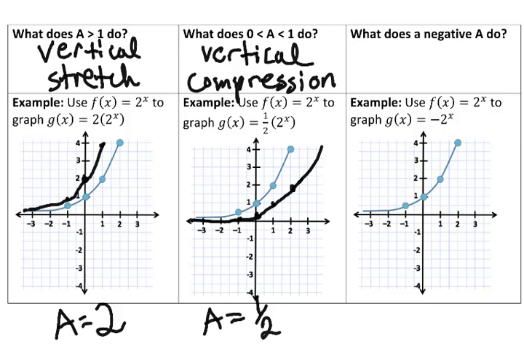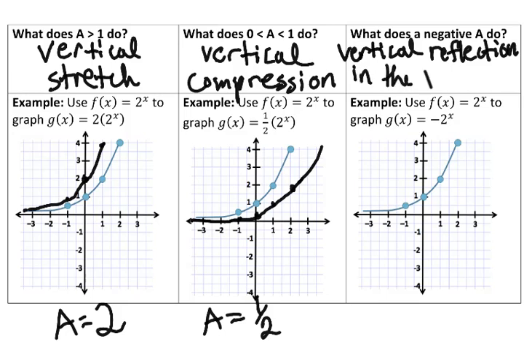When A is a negative value, that means you're going to be doing a reflection, and it'll be a vertical reflection, which is a reflection in the x-axis. So that means this y value of 4 will reflect down to be a negative 4.